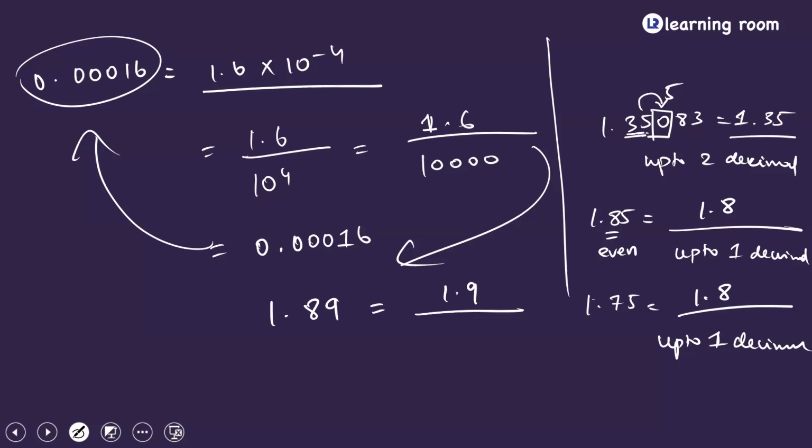If it's 1.98, it will be 2. If you need two decimals, you can leave 1.99. To round off without any decimal, you can change it to 2.00. But for 1.99 at one decimal place, it is 2.0.